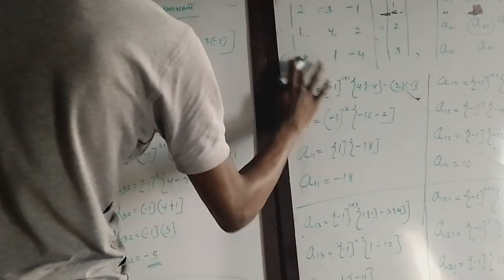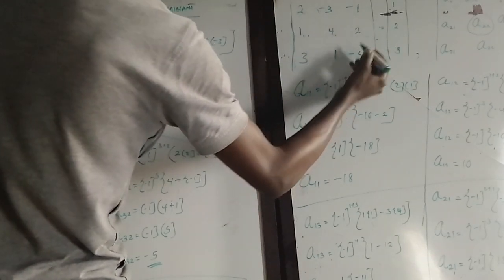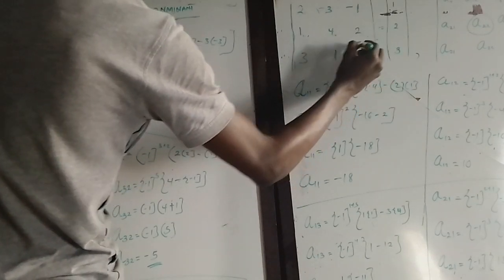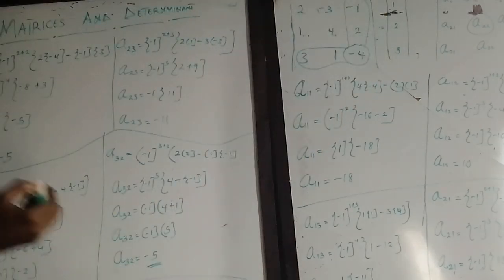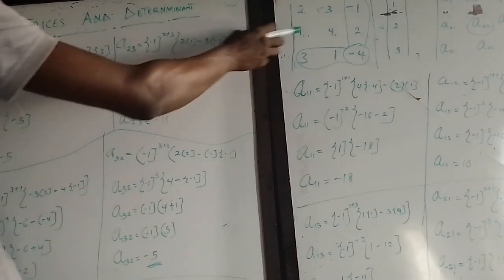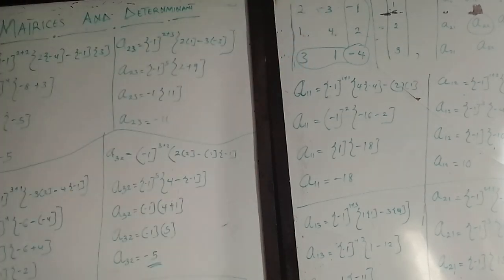So this is your A33. It will affect everything in this row, then everything in this column. Do you understand? So now we are going to say our A33 is going to be 2 times 4, then 1 times minus 3. Do you understand? So let's move down.